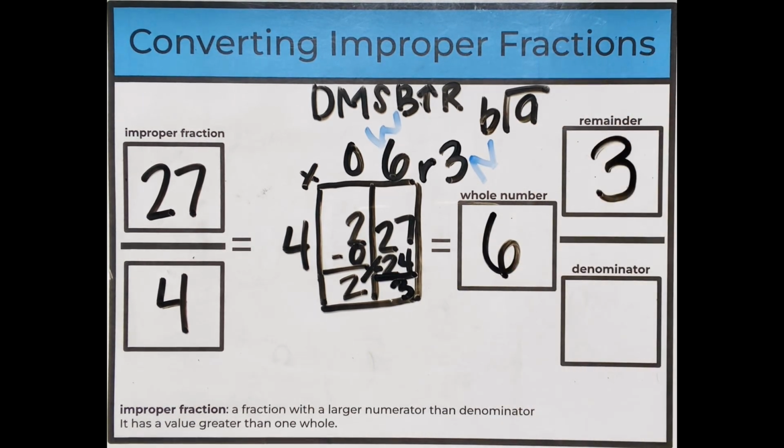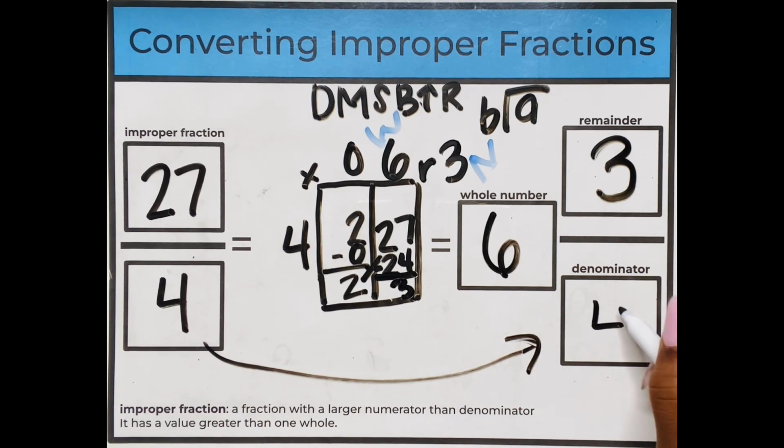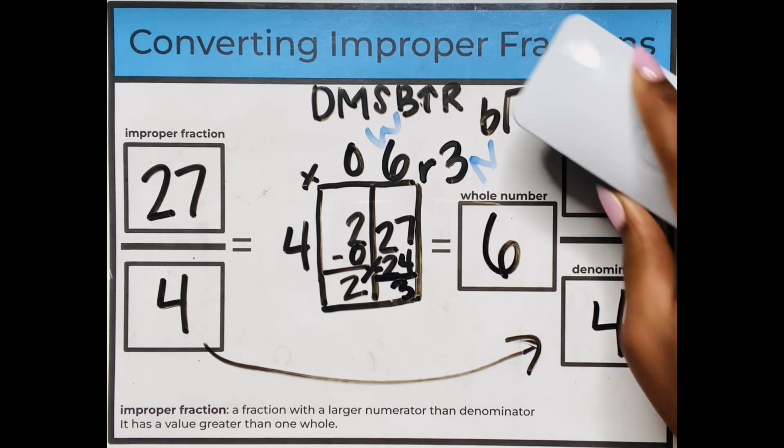Our remainder is the numerator. And then, of course, that denominator, easy peasy. Just bring that over. All right, great job. 6 and 3/4. Practice saying these mixed numbers correctly. 6 and 3/4. Great job.